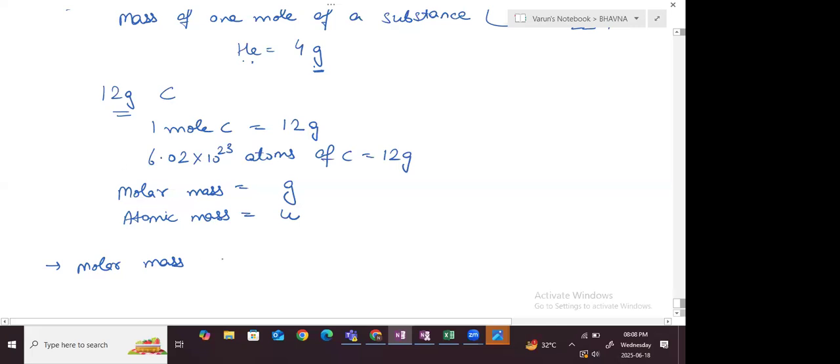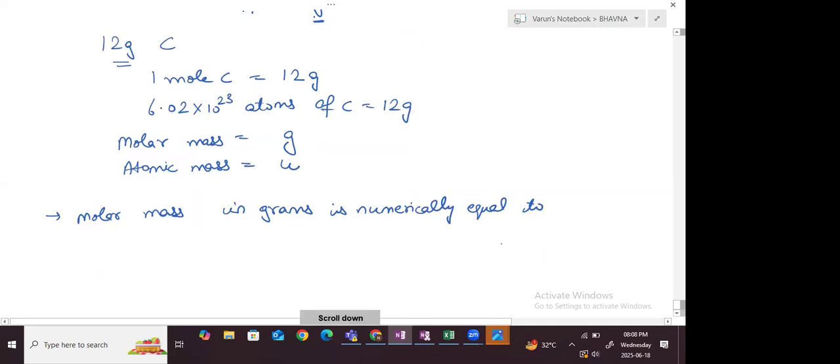So molar mass in grams is numerically equal to atomic, molecular, or formula mass.